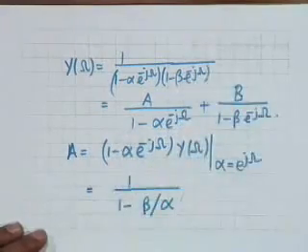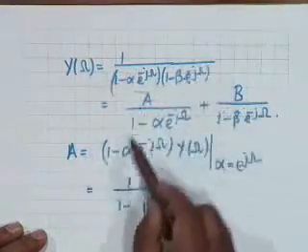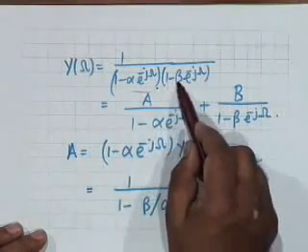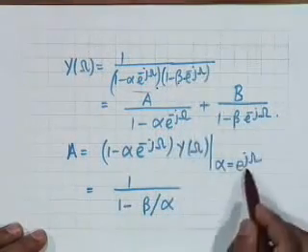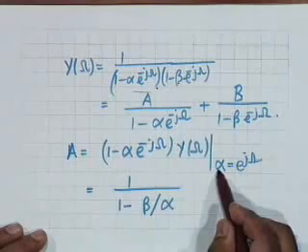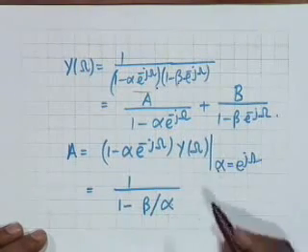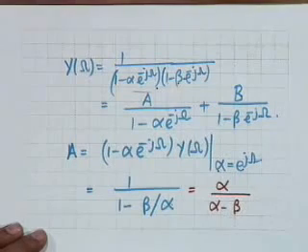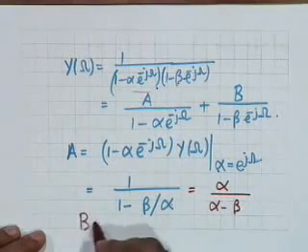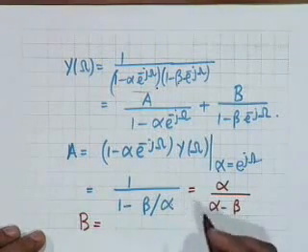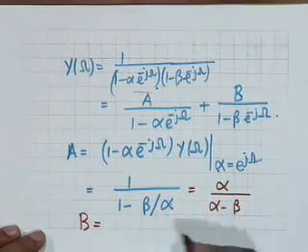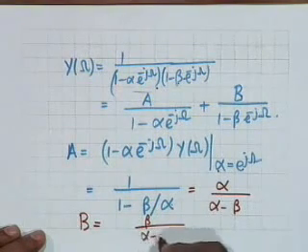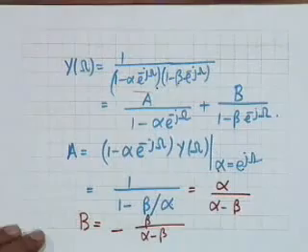If I multiply this by 1 minus alpha e to the j omega, this cancels out, then we get 1 minus beta times e to the minus j omega, but e to the j omega is alpha, so e to the minus j omega is 1 by alpha. That is, a is equal to alpha divided by alpha minus beta. In a similar manner, you can show that b is equal to, can you tell me what b is? Beta divided by, that is right, minus beta divided by alpha minus beta.